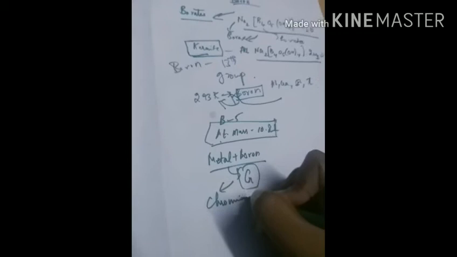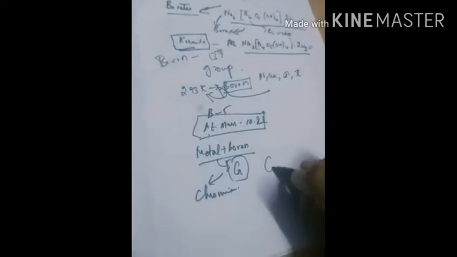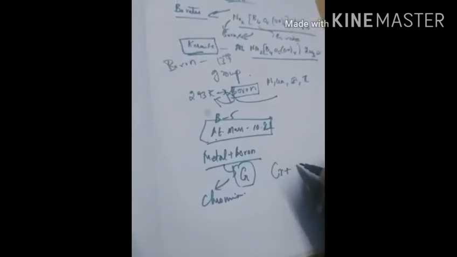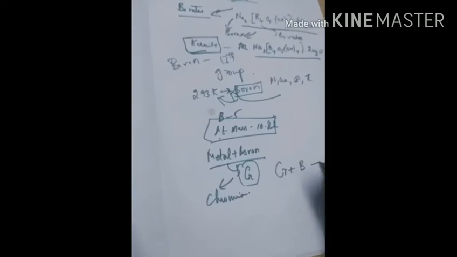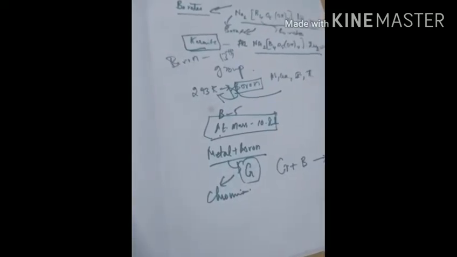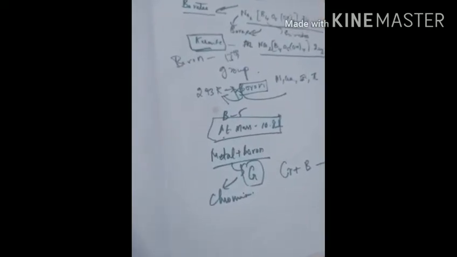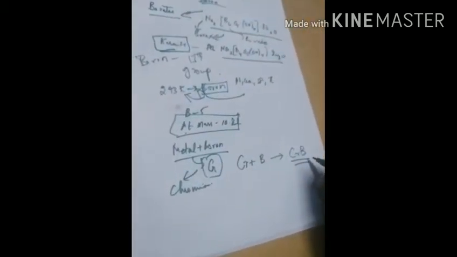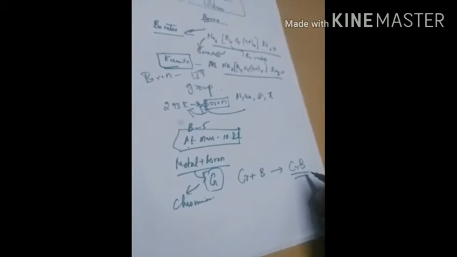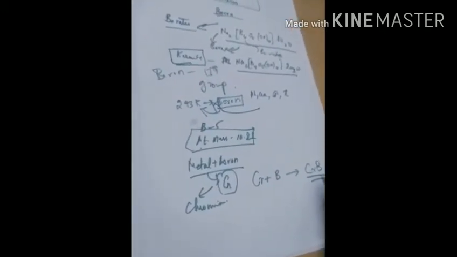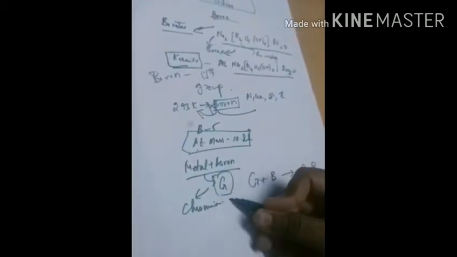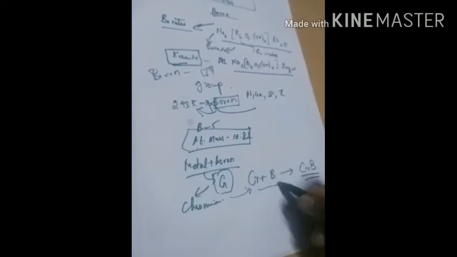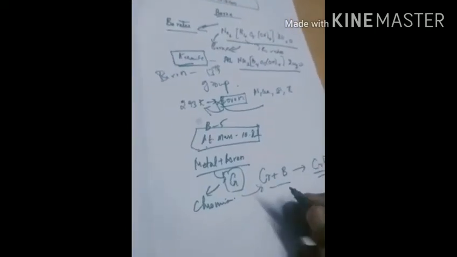If I put chromium and boron together, I will get some combination of chromium and boron. This easily bonds. This is the direct combination of chromium with boron. This is one chemical property.